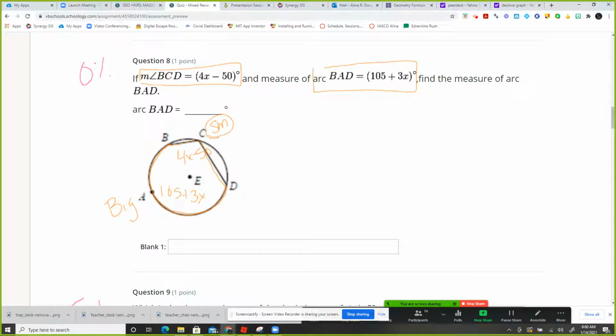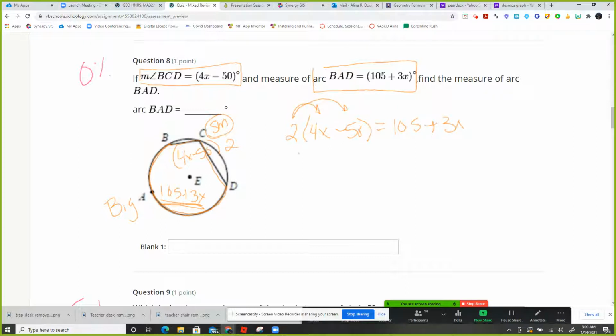So if this thing is the big thing, I need to multiply the small thing by 2 in order to make them equal. So my equation is going to be 2 times the small thing equals the big thing. And then you have to distribute.